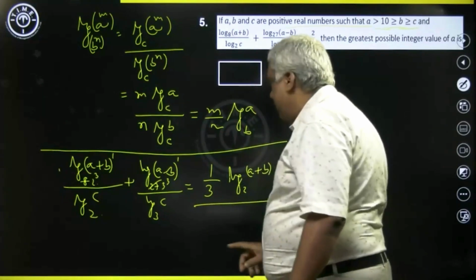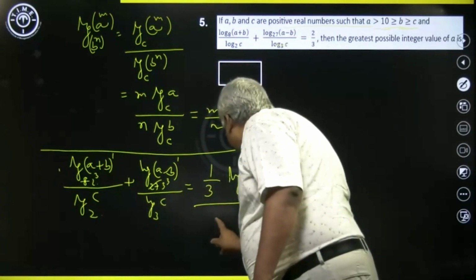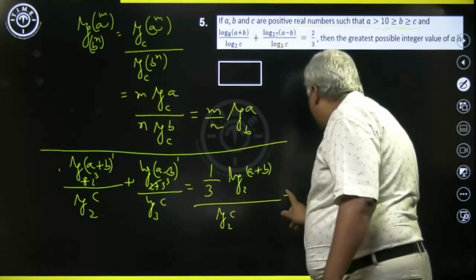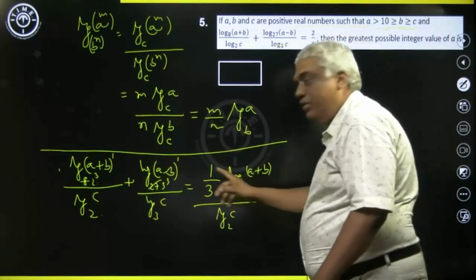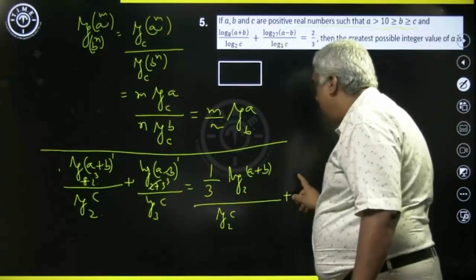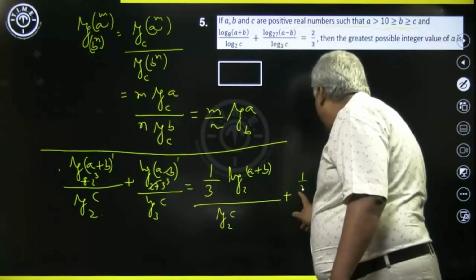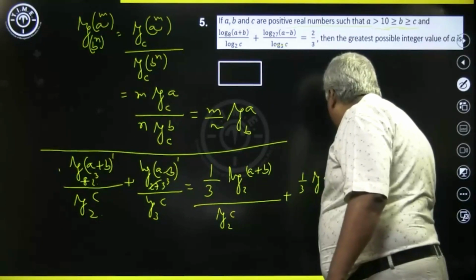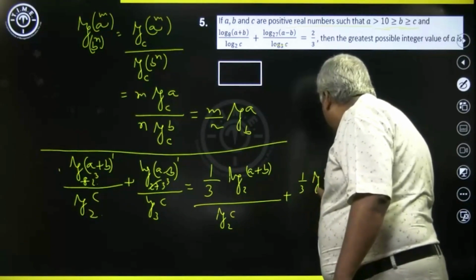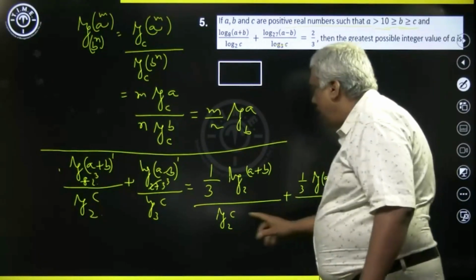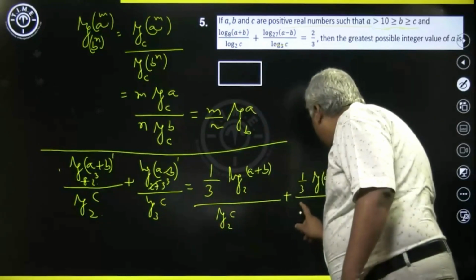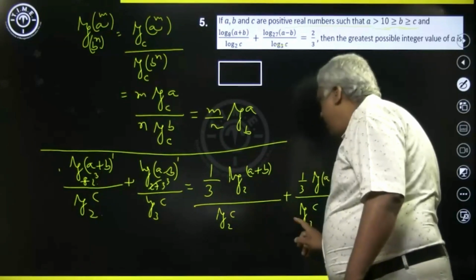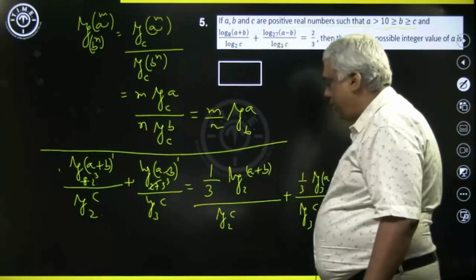In the denominator, it will be log of c to the base 2. This will become 1 by 3 log of a minus b, and the denominator log of c to the base 3, here also the base is 3.